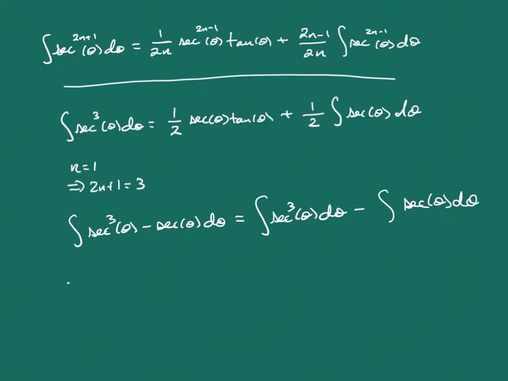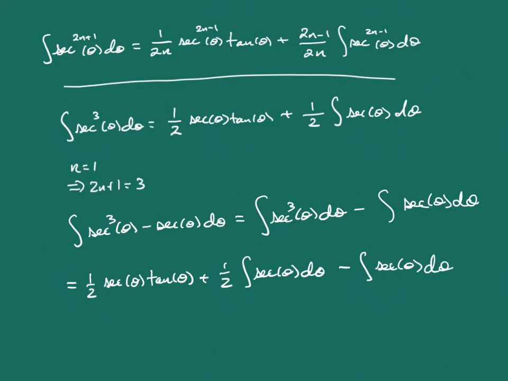If I make those substitutions, for the first one I have 1/2 secant of theta tangent of theta plus 1/2 the integral of secant of theta, minus the integral of secant of theta. Combining these last two together, they partly cancel each other out.